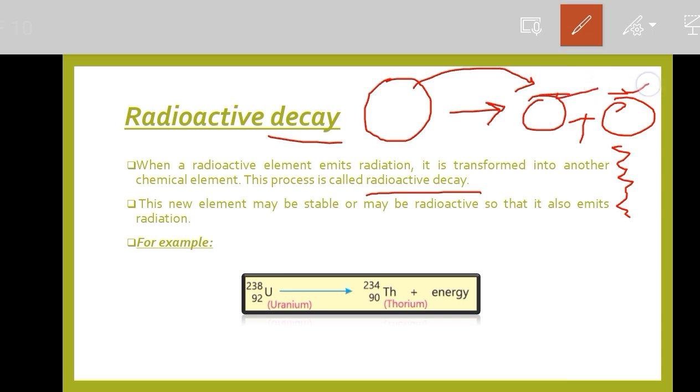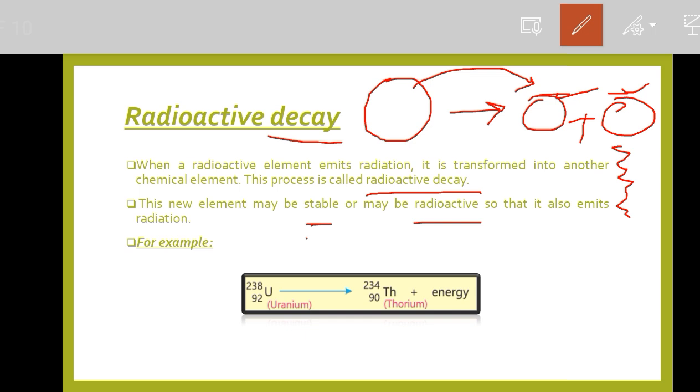These new elements that are formed after the decay may be stable or may be radioactive. If they are stable, they are not radioactive and they stay over time. But if they are unstable, they are radioactive, so they decay over time and also release radiation.